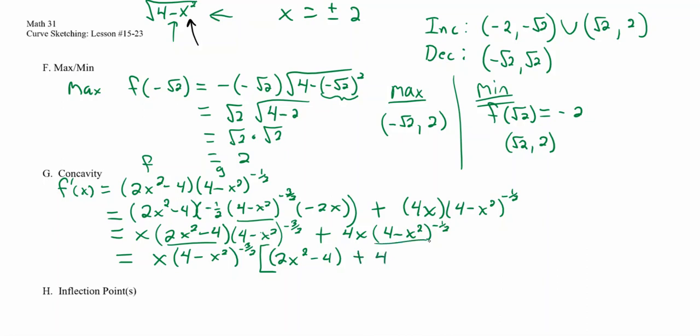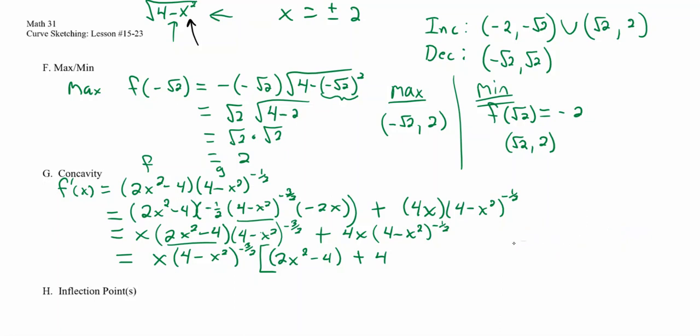And then this is where the magic happens. What happens to this? Let's write it down. Remember what we do with our exponents when you factor them out. We've got negative a half minus negative 3 over 2. So this becomes 1/2 plus 3 over 2, that's 4 over 2, so that's going to be 2. Shoot.